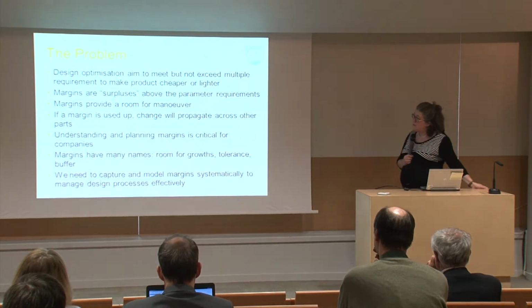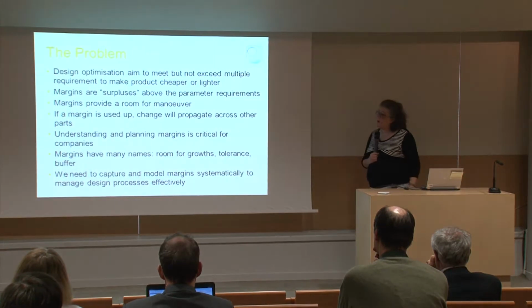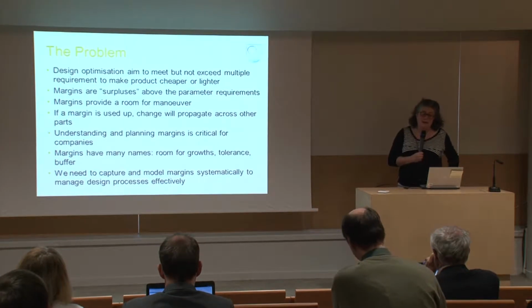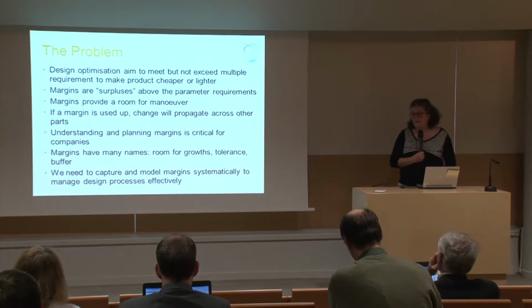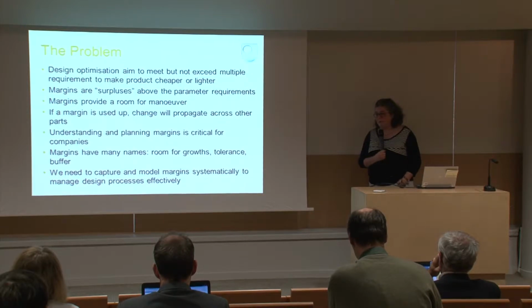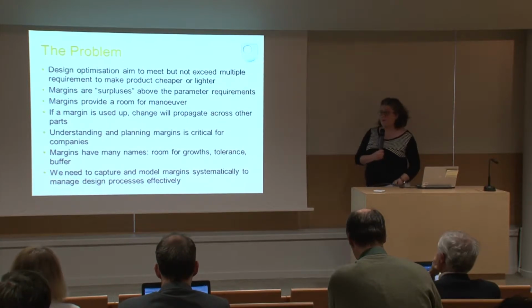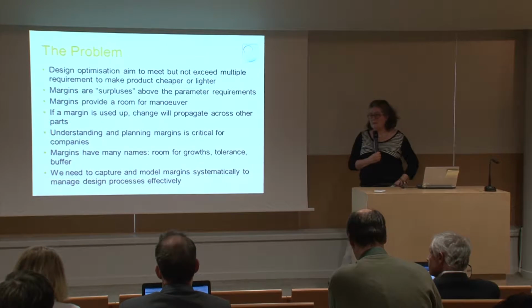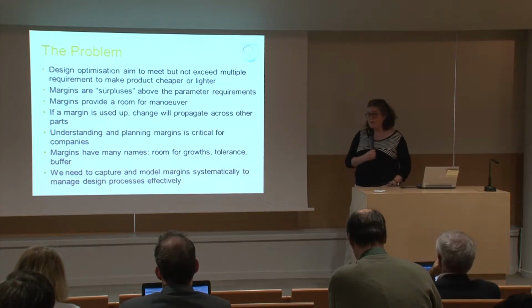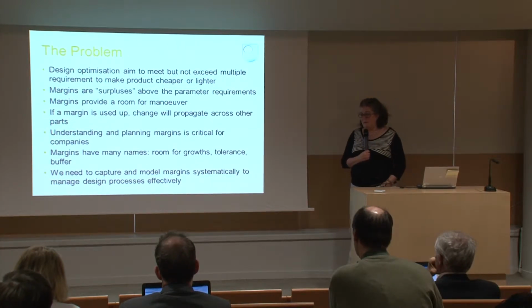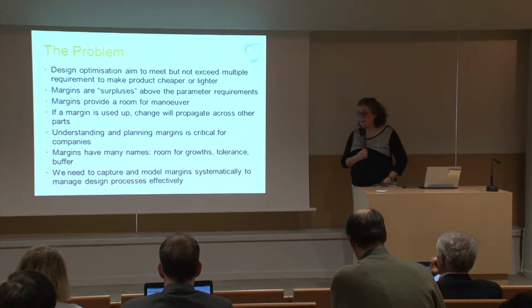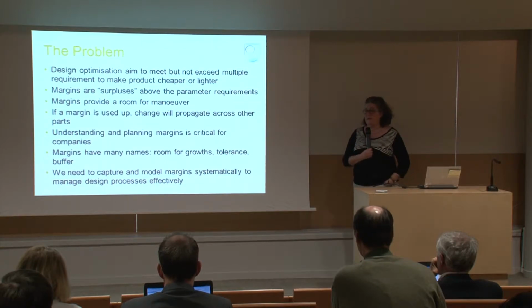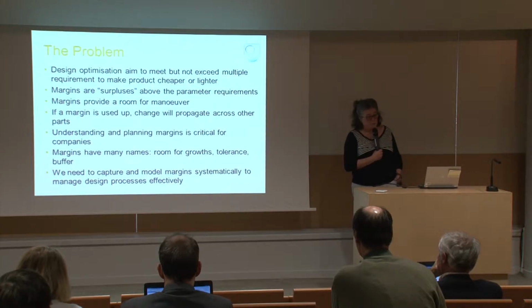But I think in modern product development, we have got something that is really an inherent contradiction, and that is between flexibility and optimization. From the perspective of a single product, we want to optimize it so that it meets its requirements, but doesn't exceed its requirements. It lives for 10 years and not for 11. It weighs 1,000 kilos and it doesn't weigh 1,005 kilos because that costs more to drive it, to fly it, to transport it.